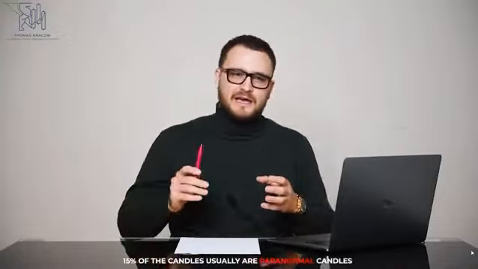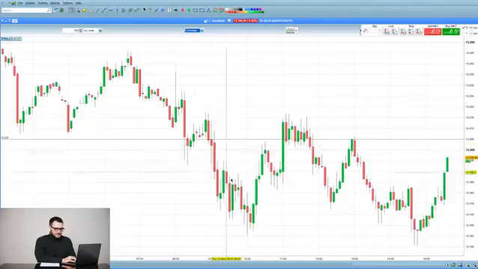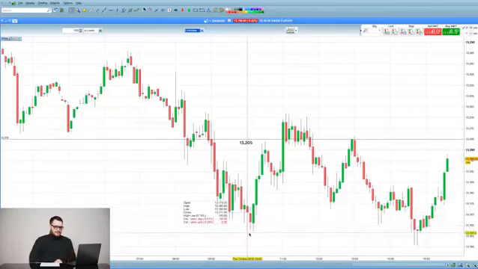If this is the beginning of the day, then this is the position from which the ATR will be calculated. As you can see, as the day started, the market moved down. The opening of the market was at 13,205. Now, it went down to 13,161, which means that we moved 45 points.